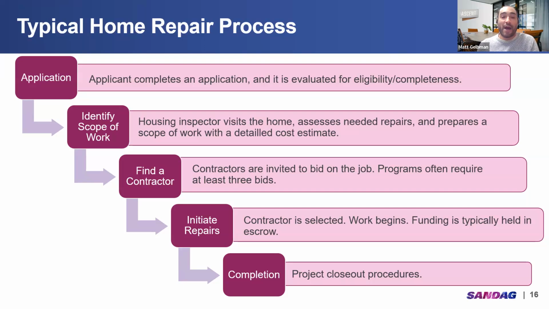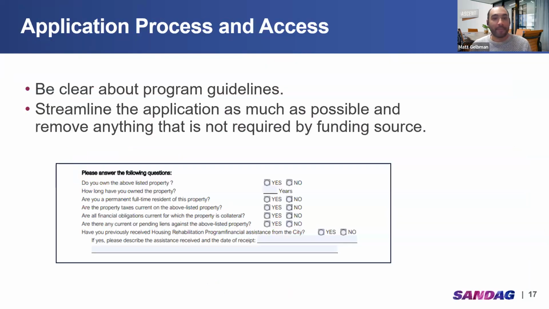And sometimes programs provide a preferred list of contractors or contractors that have worked under a rehabilitation program before. And that's important because contractors sometimes don't get paid until completing the work, and that's not always desirable from the contractor standpoint. And then once the contractor is selected, work can begin and addressing the issues. So obviously a pretty high level overview of the repair process.